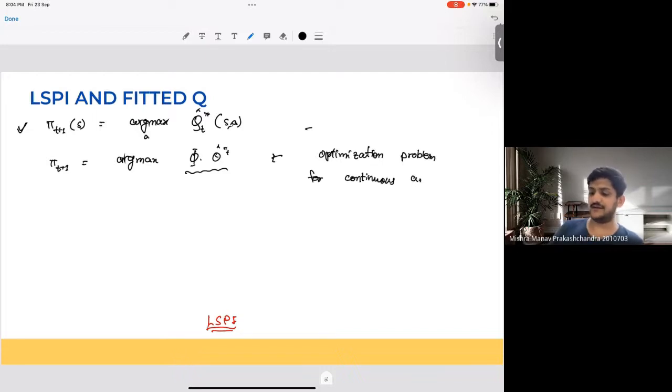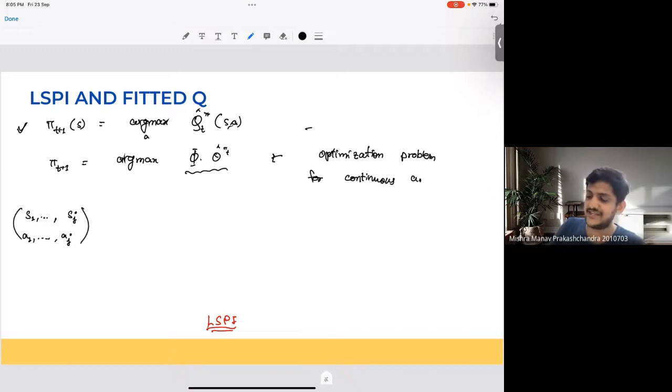So what people figured out is that I don't need to solve this optimization problem for all the possible states that are available, but I only solve this for some J states. Okay. So I solve the optimization problem for J such states, and I get the corresponding action values.